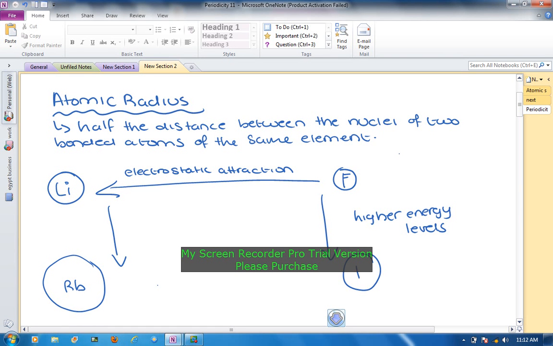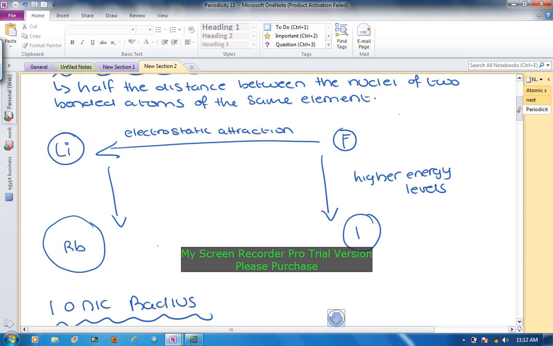A lot of the time in the IB exam questions, they'll ask you to define these kind of terms, and so it's important that you know the definition by heart. So what you need to know is that as you go down any group, the atomic radius is going to increase because there will be more occupied valence shells, higher energy levels in other words.